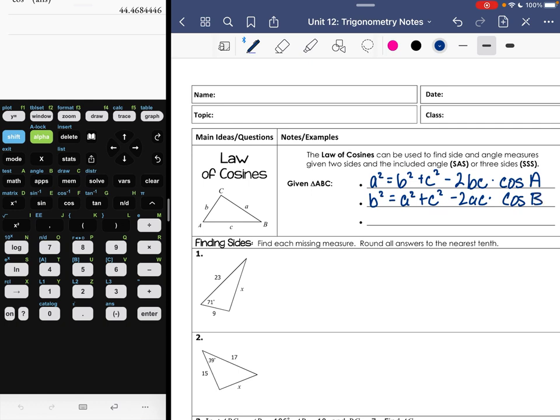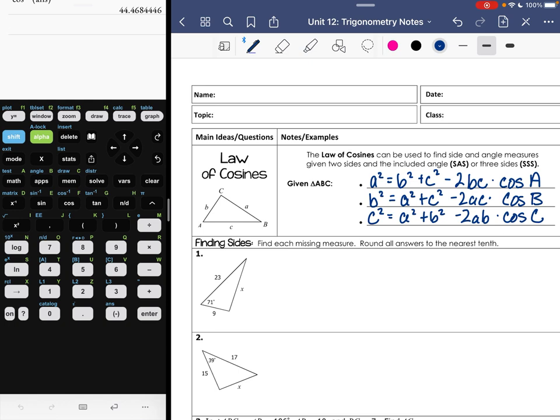So you would have b squared equals a squared plus c squared minus 2 times ac times the cosine of B. And then you probably can guess that the last one is c squared equals a squared plus b squared minus 2ab times the cosine of C. So even though it looks like there are three different formulas there to use, it's really just one, depending on what you're trying to find.